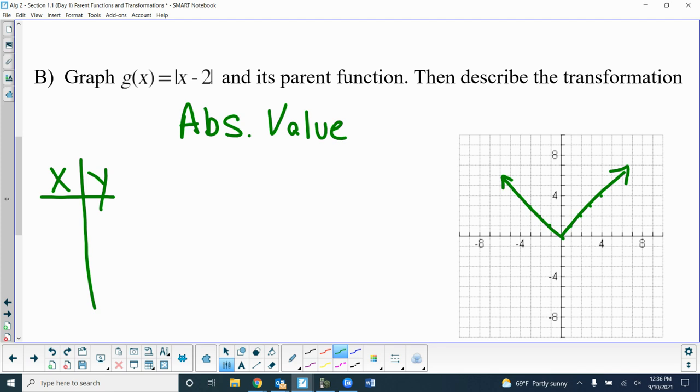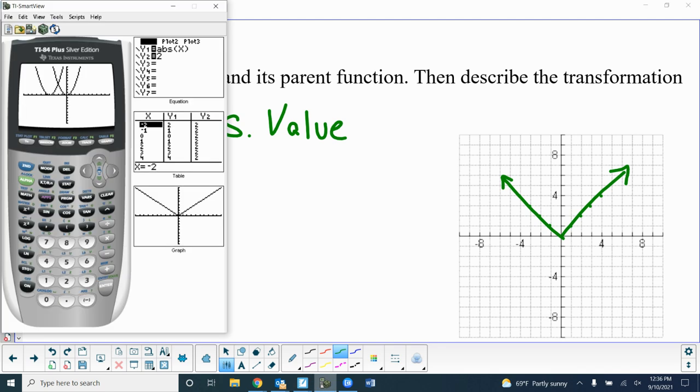Okay? What I'm going to do is use my calculator. Put in my y equals, clear it. And this is absolute value. How do I get there again? Math, to the right one for number. Enter, right? We just put an X there. And then this one is X minus 2, wasn't it?